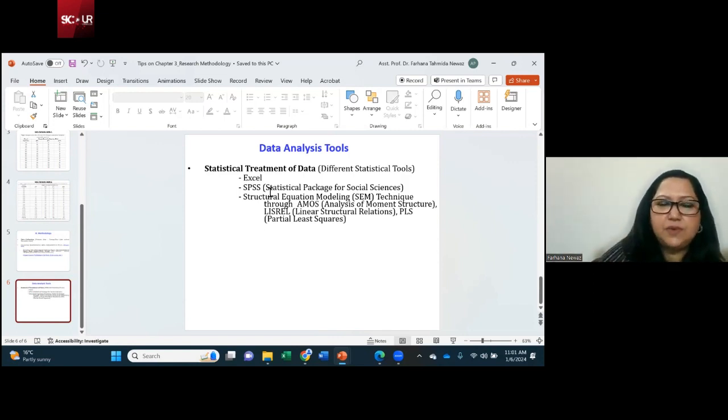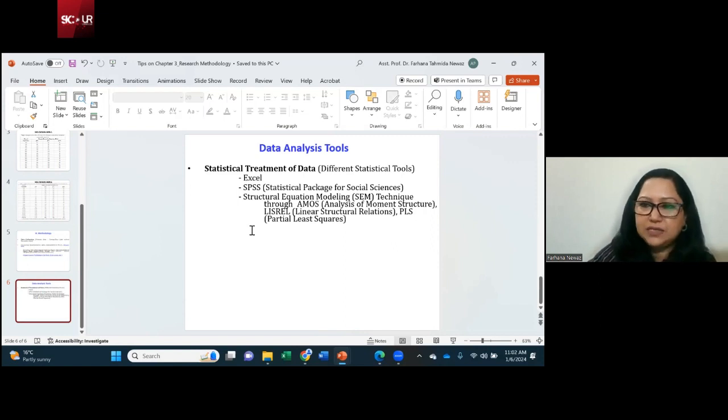Then in SPSS we just simply run the analysis. SPSS is the very basic tool to do the analysis. So if you are a beginner, you should go for using SPSS as your data analytical tool.